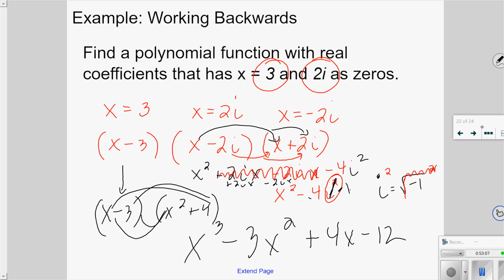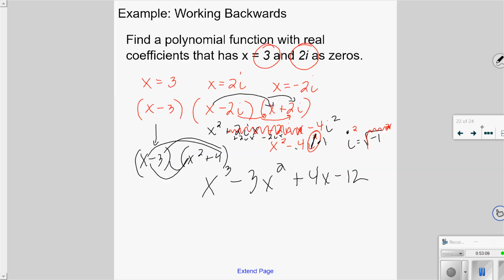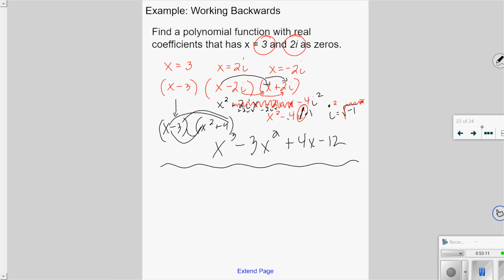All right, last one. You guys do this one. Let's say a 0 is positive 1. Let's say a 0 is negative 1. Let's say a 0 is 3i. So what am I going to automatically put in?